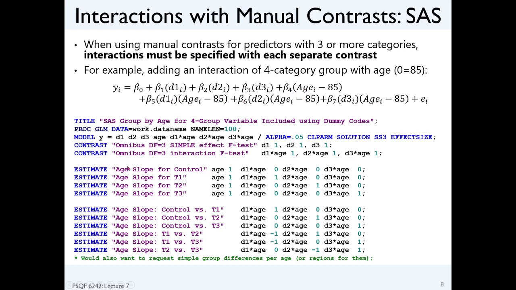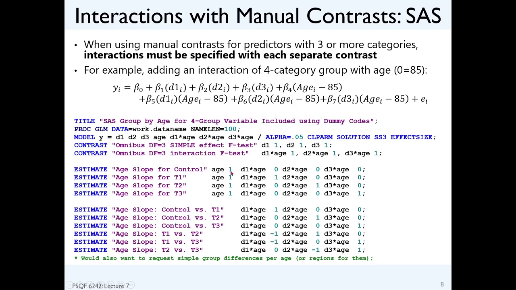So to be able to ascertain how the model tells us what the effect of age would be in any of the other groups, the rule is we go into the equation, we find all the terms that have the slope of interest, so age by itself and the interactions, we factor out age, and then the model tells us what's left. So down here, for instance, when we have age slope for control, age refers to beta 4.